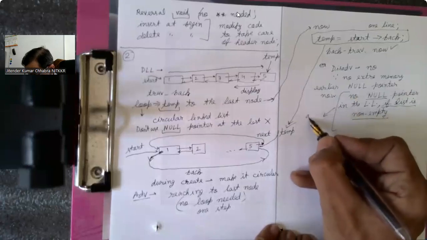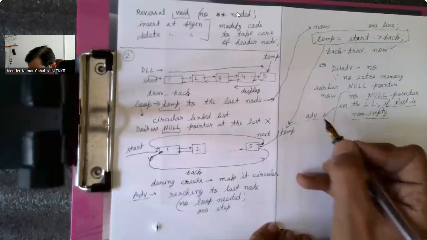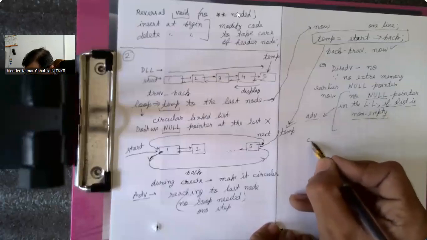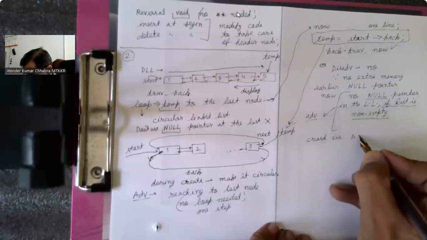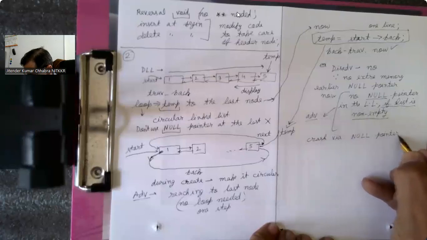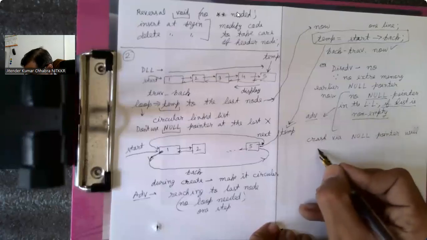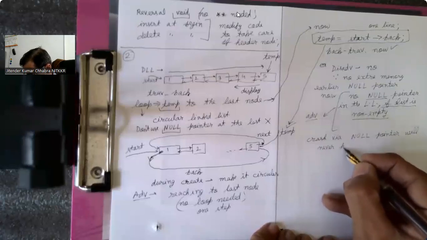This also gives me additional advantages. So what is the advantage? Now, a crash via null pointer will never happen. That's another advantage, that the code will not crash.